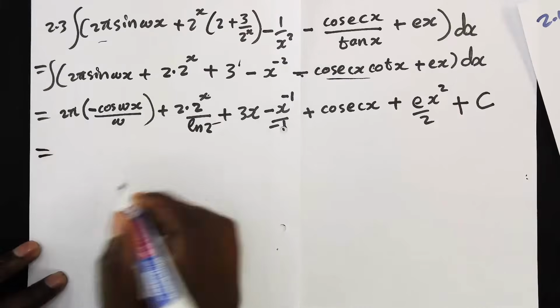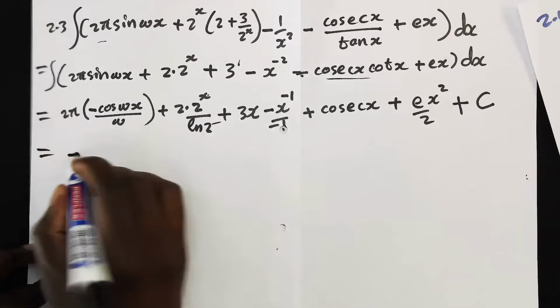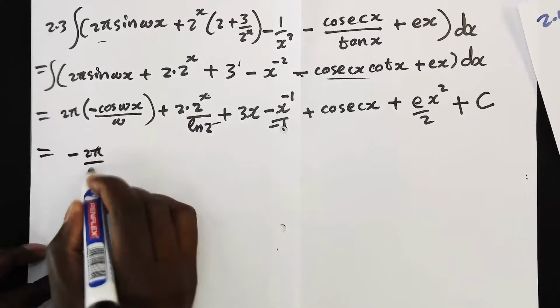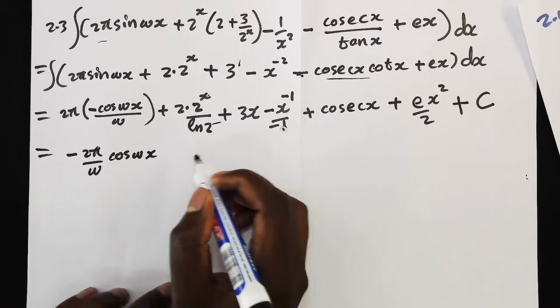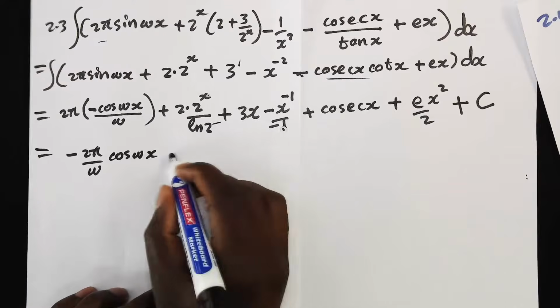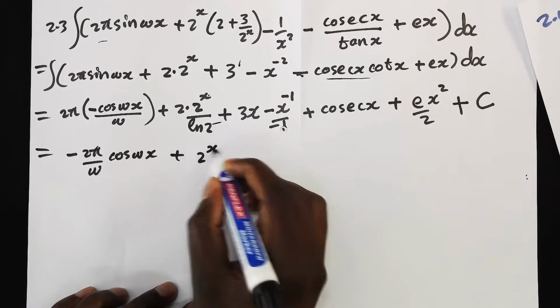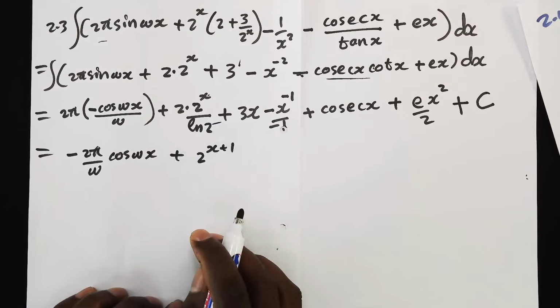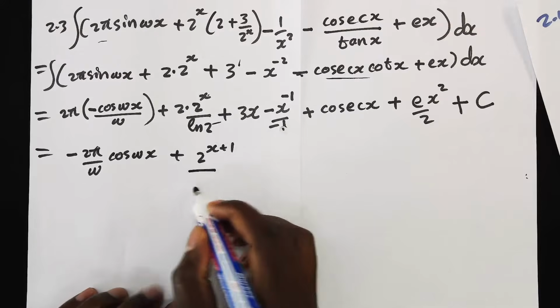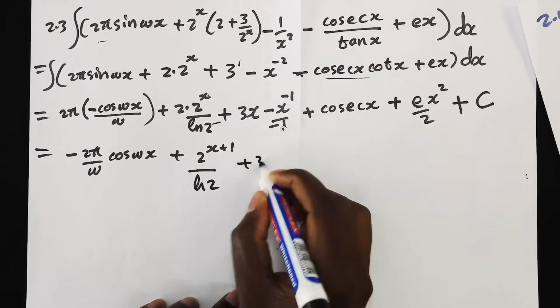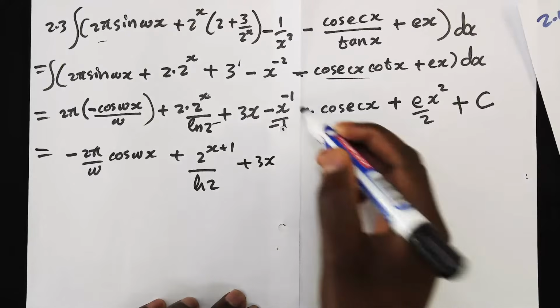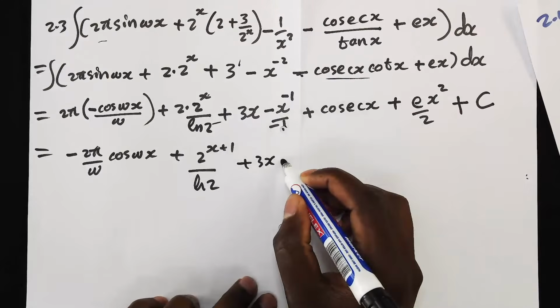So we're done there. I think here you can just simplify and have negative 2 pi, all divided by w, then cos wx. This one, if you want, you can leave it as 2 to the power of x plus 1, then all divided by ln 2. So the 3x is still fine, but this one we must leave in positive exponents.